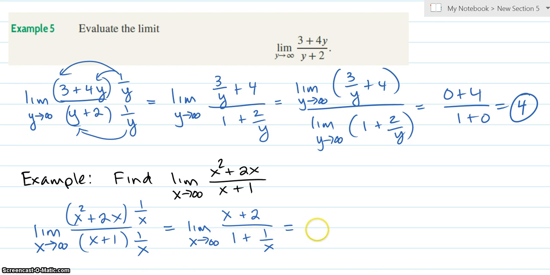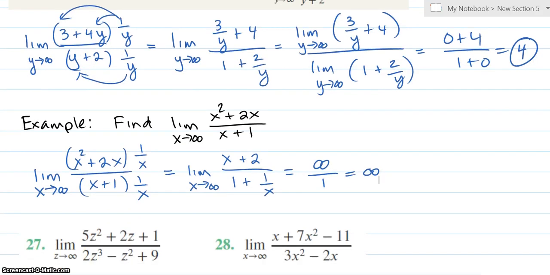The bottom is going to 1 plus 0, so the bottom is going to 1, but the top is going to infinity. So this goes to infinity over 1, which is just infinity. And you have to be careful as x goes to negative infinity. This would be negative infinity. If this was a squared there, then it would still go to positive infinity. So we'll see some examples of those.